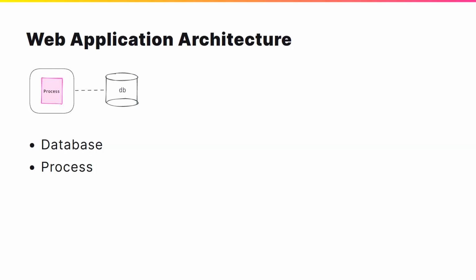So if this is our architecture and you want to lock, you might think, okay, maybe I can just lock the process, and avoid any collision like that. But usually web applications don't just run one process, they run multiple processes, right? You don't get a big server just to run one process.